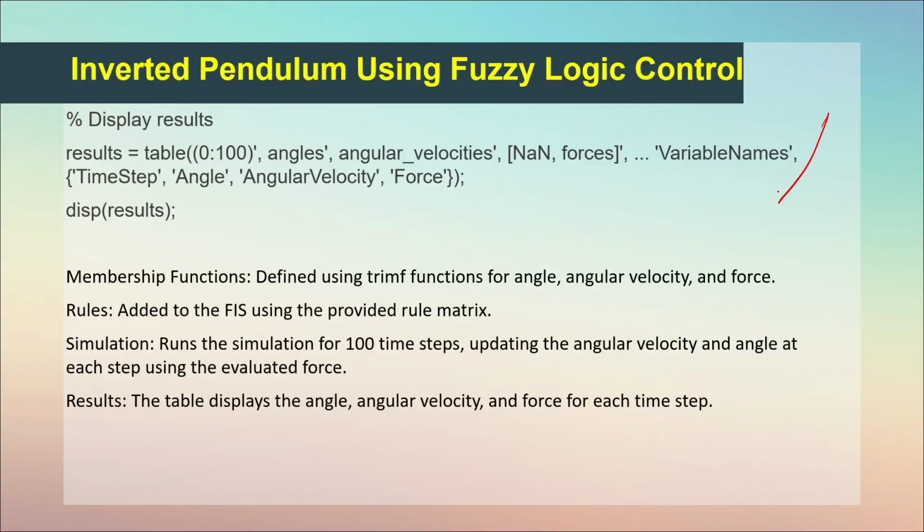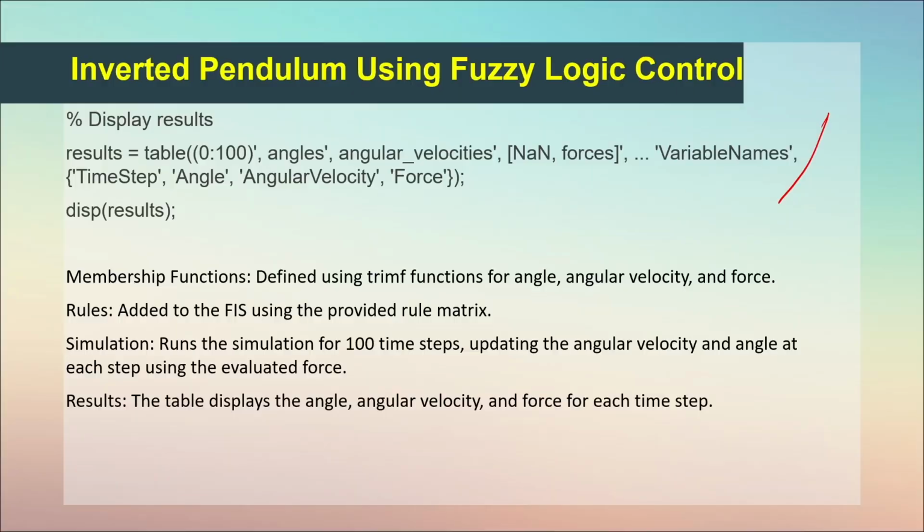Finally, how to display the results: for each and every value, you can see how the values are defined and how the values vary with respect to all the parameters, right. So for all the cases, a triangular membership function is created and the rule matrix is created in the form of a matrix.